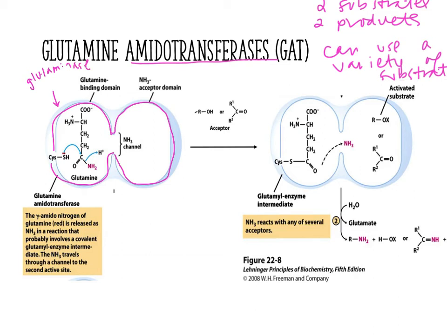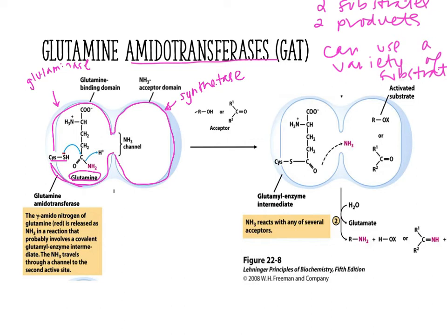And then this second one here on the right is called synthetase. So what happens in each of these active sites? In the glutaminase site, glutamine is bound specifically. So all of these amidotransferases use glutamine. What they use as their second substrate differs. So glutamine binds, and it binds to cysteine.